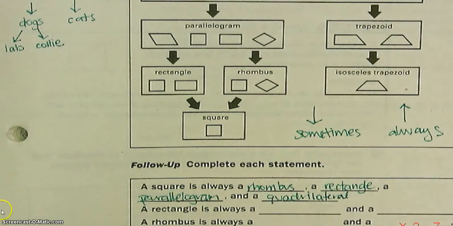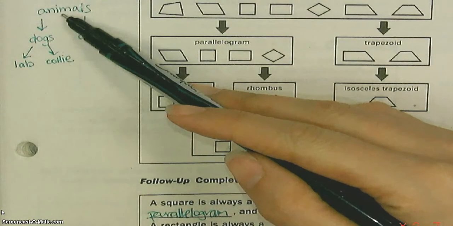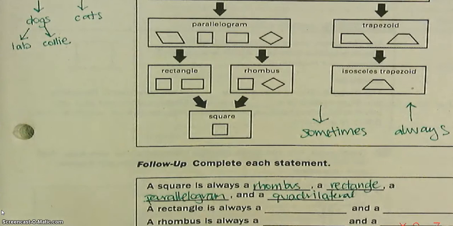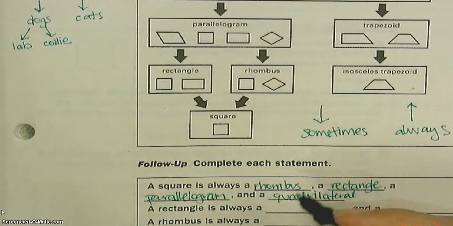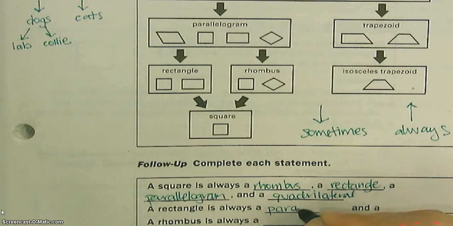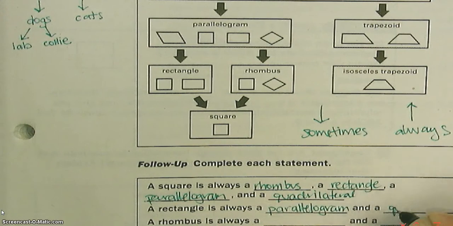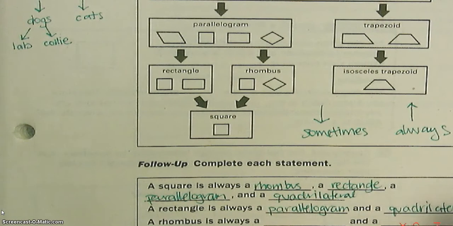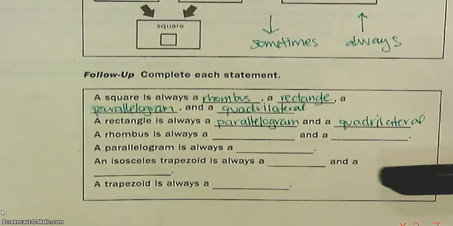So you're working your way up, just like a collie is always a dog and always an animal. Let's look at a rectangle. A rectangle is always a parallelogram, which is always a quadrilateral. All right, so you're going to work your way up using this chart.